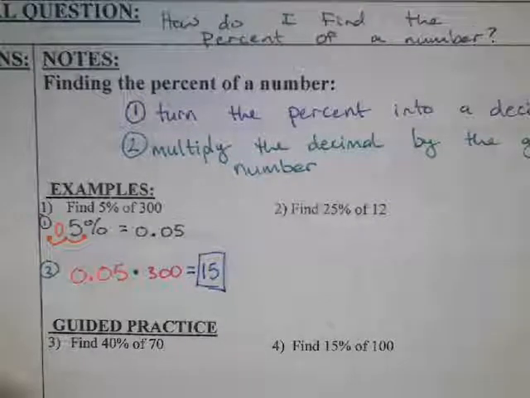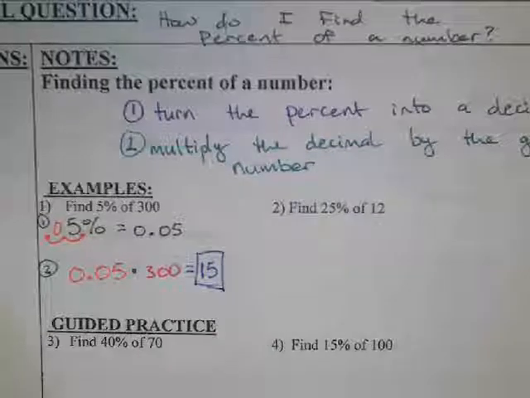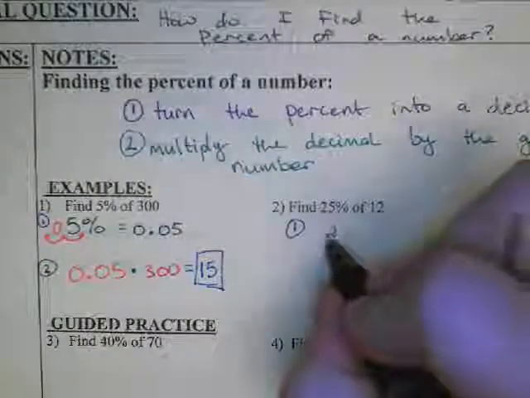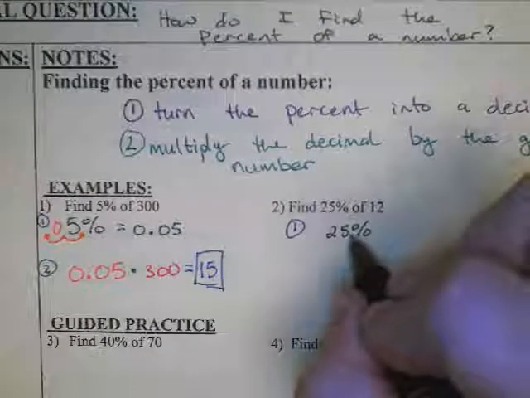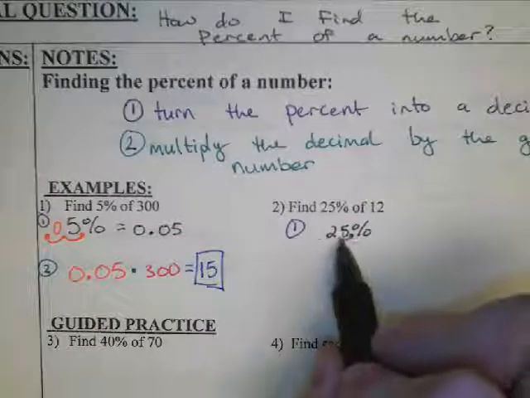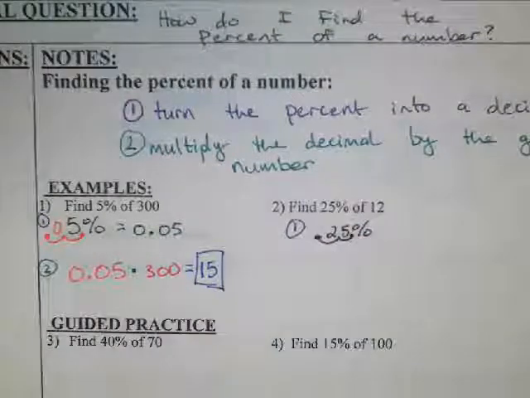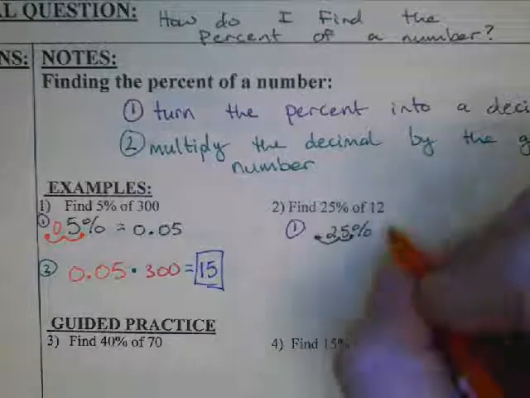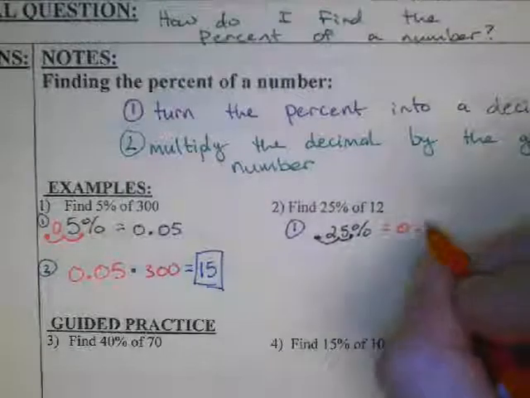So let's see if we can try it again. I'm going to take my percent, step 1, 25%. Hidden decimal, we'll move it twice to the left. And then we will say that that is equal to 0.25.